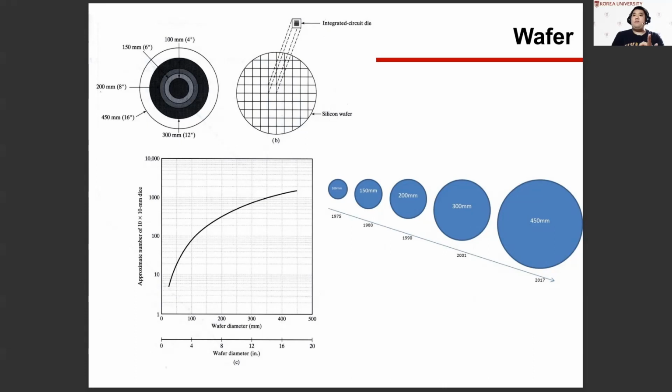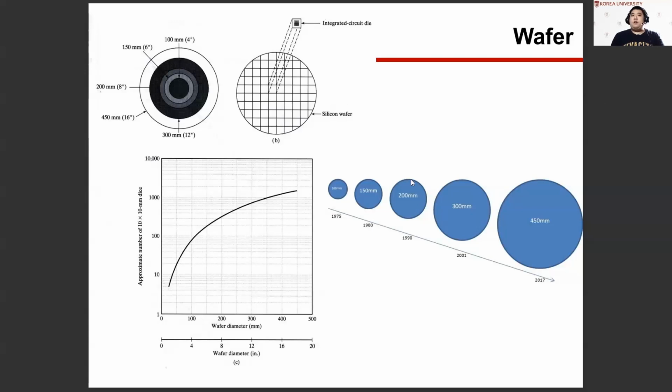However, if the wafer is too big, then handling becomes difficult and the quality of the chips can degrade, because the unequal processes can cause defects.